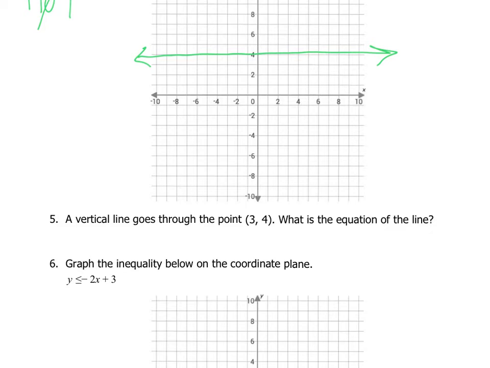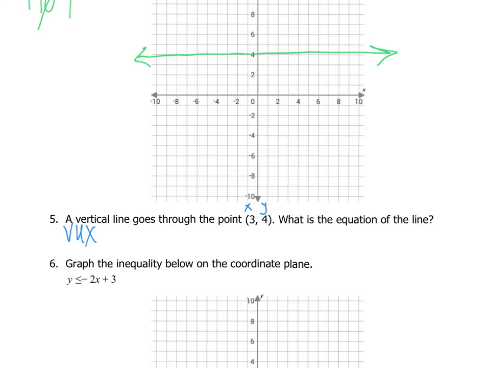Okay, so now we are at number 5 on the second page, and it says a vertical line goes through point (3, 4). 3 is our x, and 4 is our y. What is the equation of the line? So we know that when we have a vertical line, we're using our acronym VUX: vertical line, undefined slope, and then also all of our x values are the same.